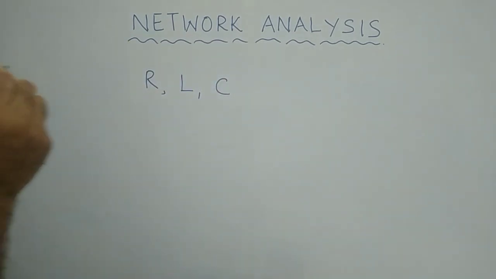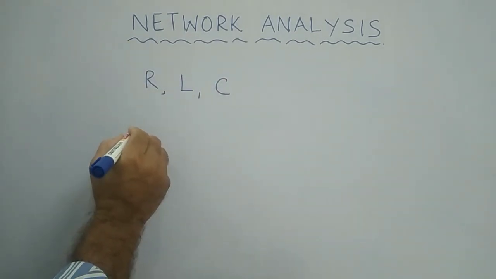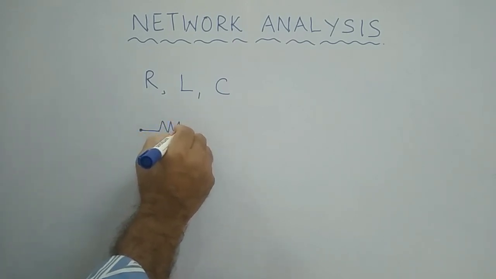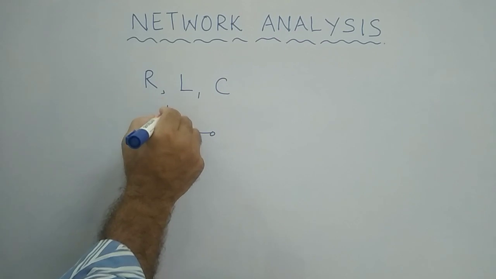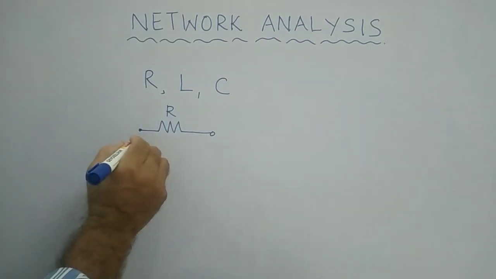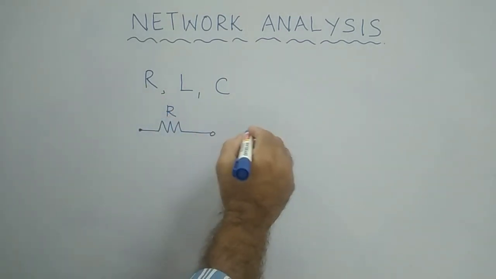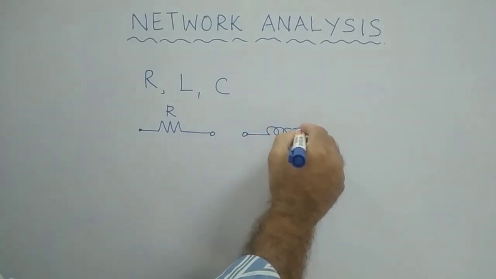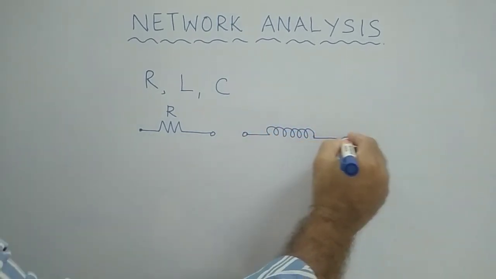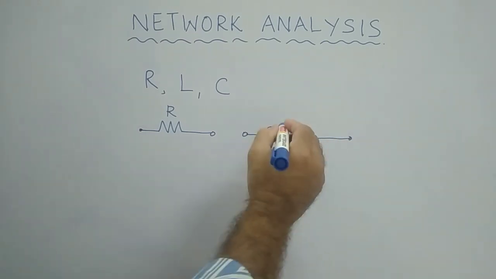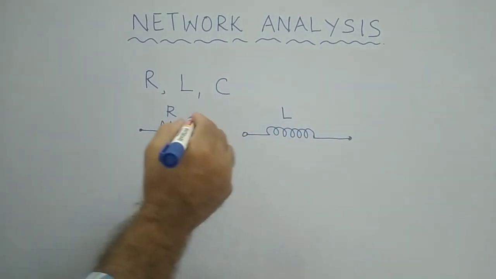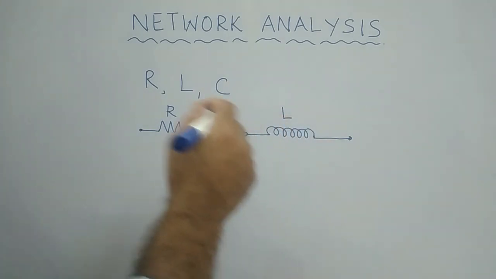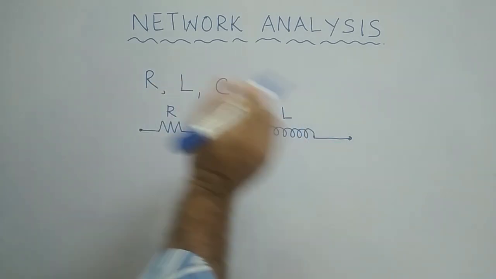Right, these are what we have seen, and the physical representation of the resistor is something like this. This is the representation of resistance R. Similarly, the inductance is simply a coil: if you take a small copper wire and wind it in such a way, it is simply a coil.